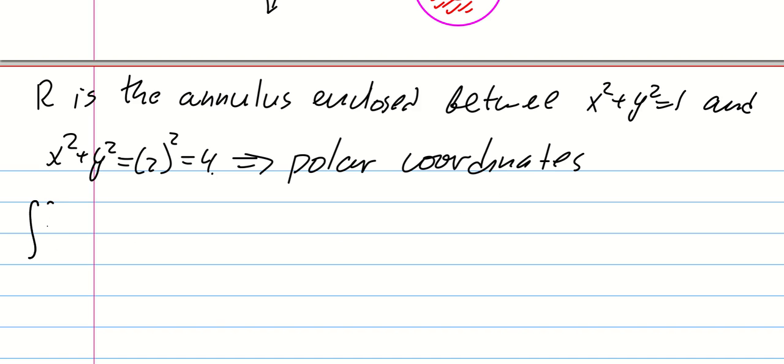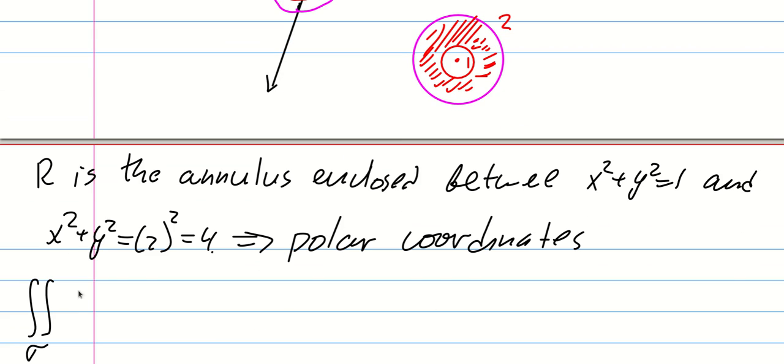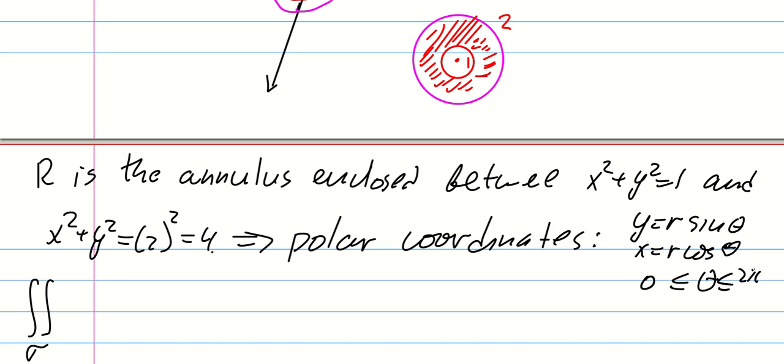So let's go. So we have the integral of y squared. All right, and polar coordinates means y equals r sine of theta, x equals r cosine of theta, and our theta is between 0 and 2 pi, and our r is between 1 and 2.